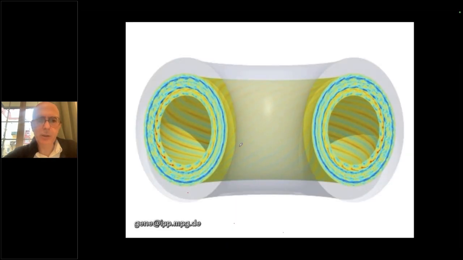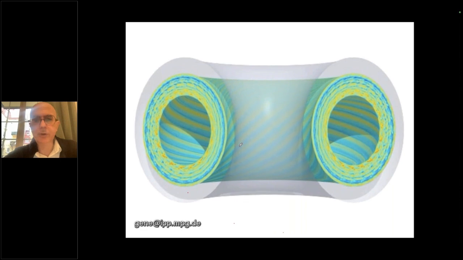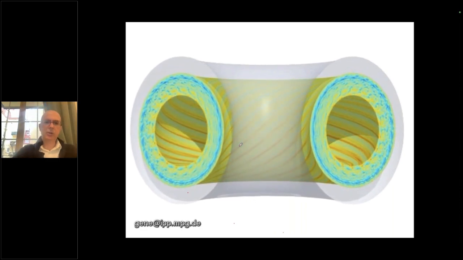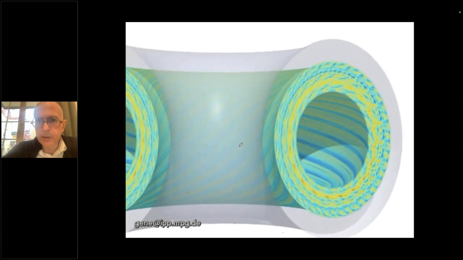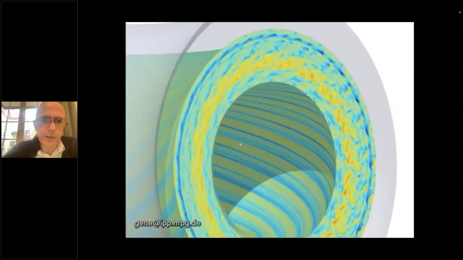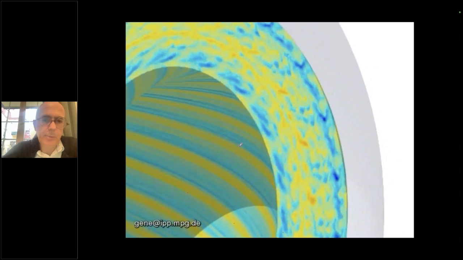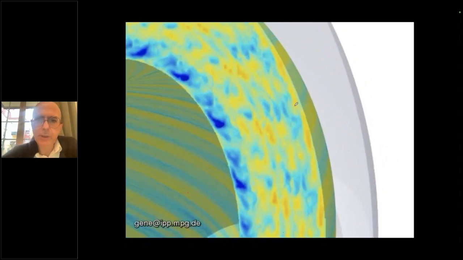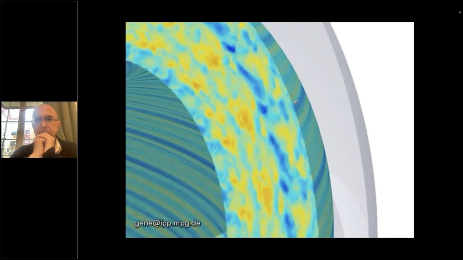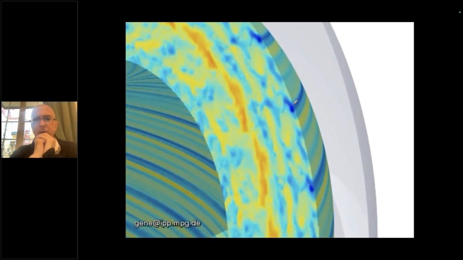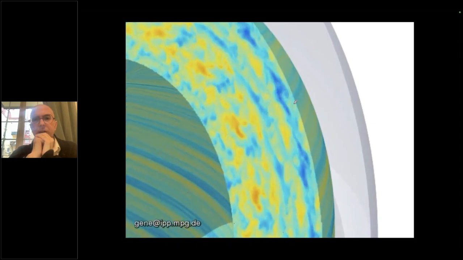The third code is called GENE, and it is a code designed for simulating plasma behavior, in particular plasma turbulence within the tokamak. So you see this big donut. This code uses the so-called gyrokinetic approach.